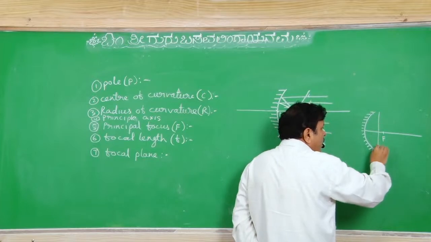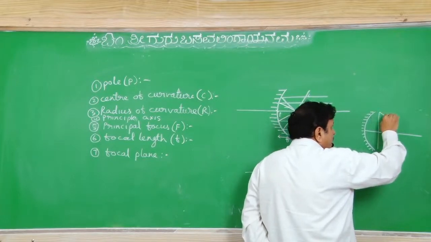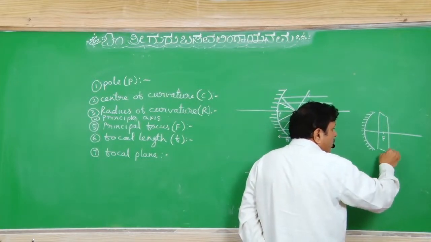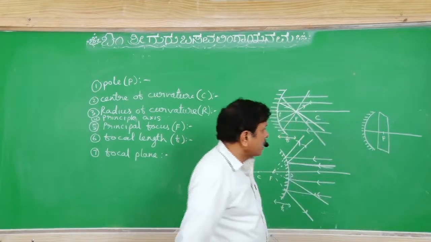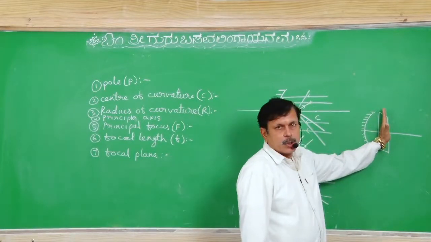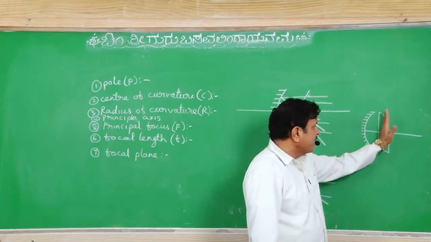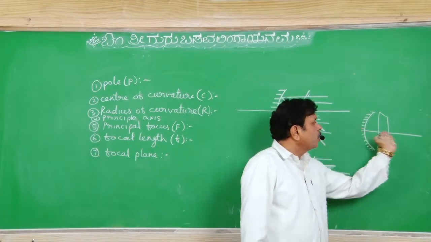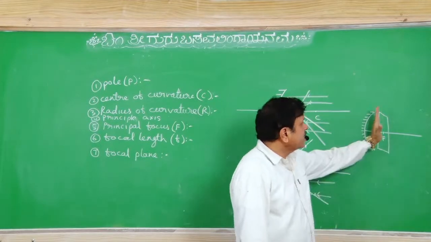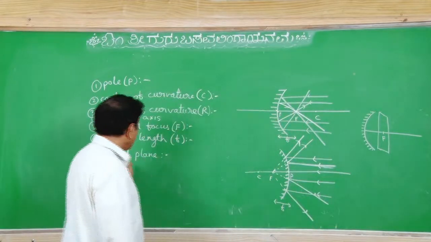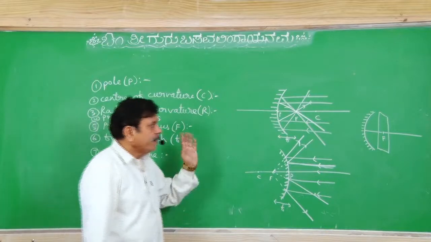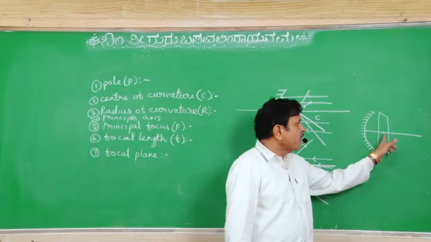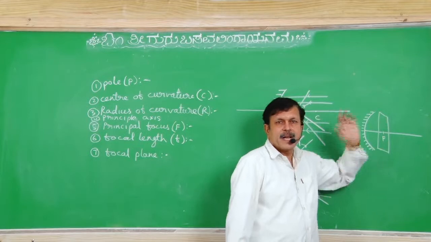If we take one plane which is passing through the principal focus and perpendicular to the principal axis, this plane is called the focal plane. So a plane passing through the principal focus perpendicular to the principal axis.